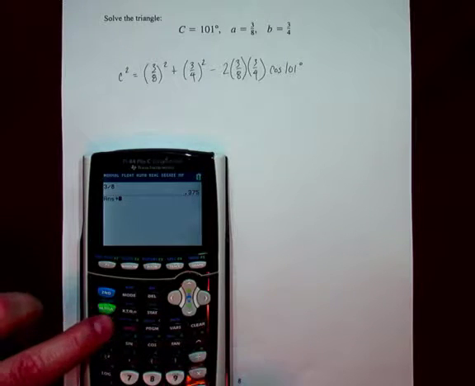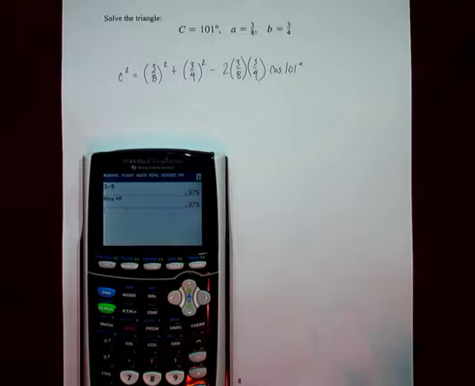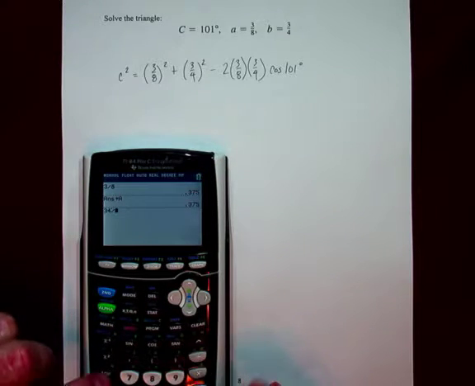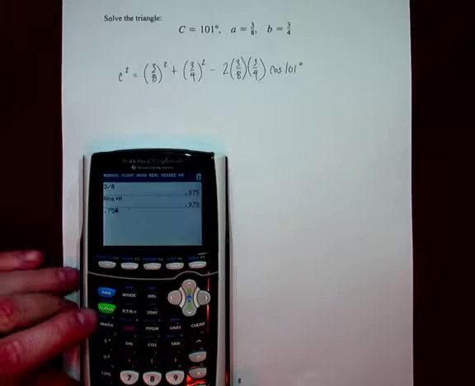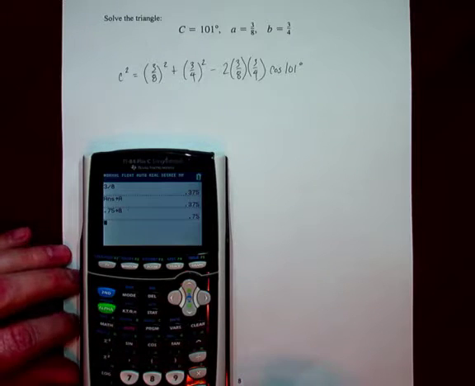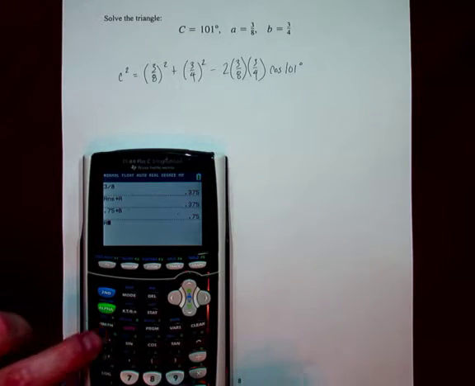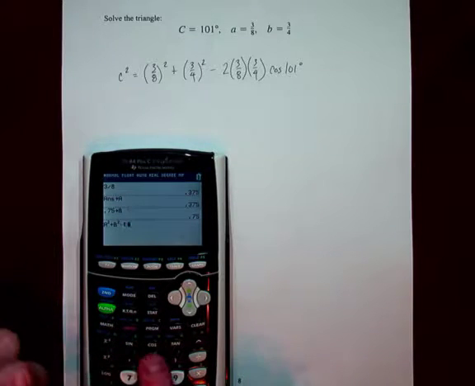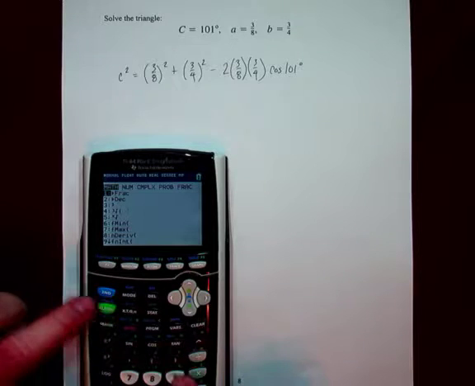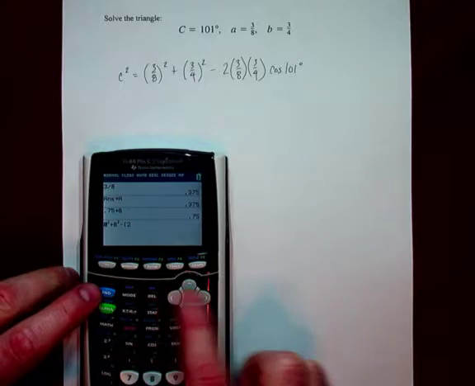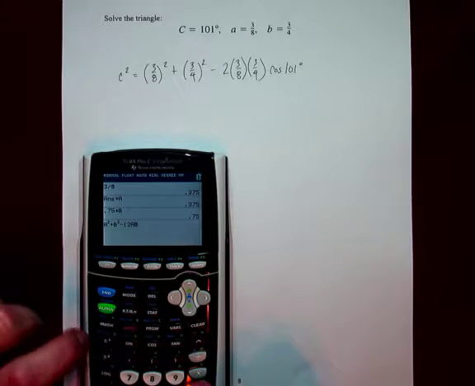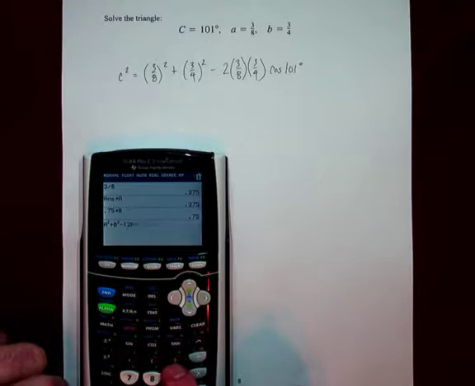I don't want to have to deal with that, so I'm going to make 3/8 and store it into a. And we'll just put 0.75 since that's b, and we'll store that into b, and therefore I'm going to get a squared plus b squared minus 2ab times cosine of 101.